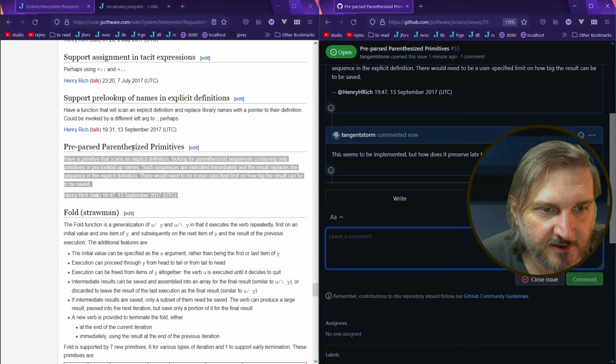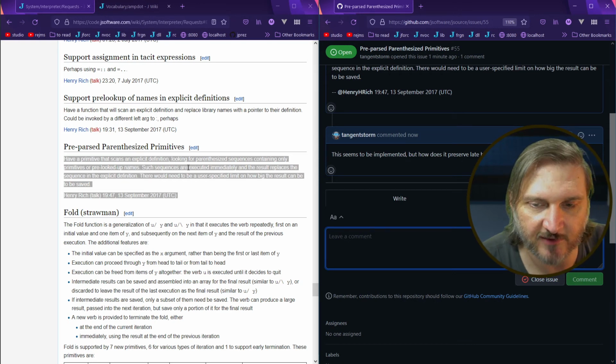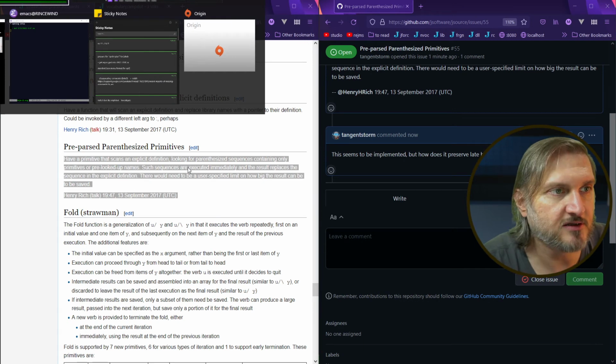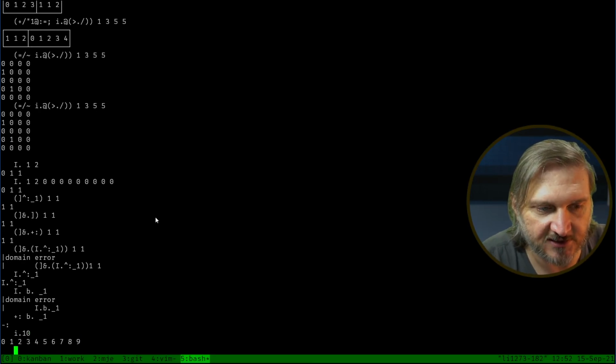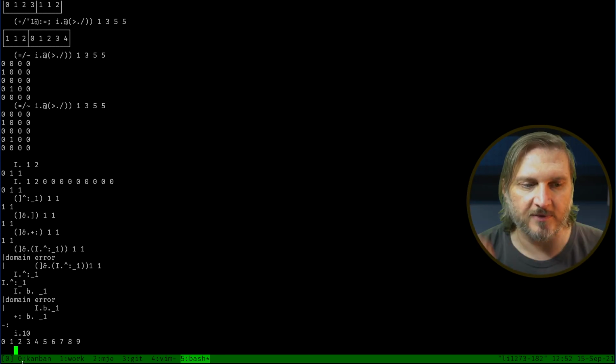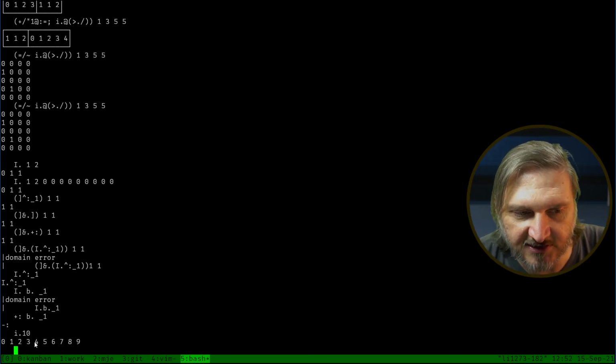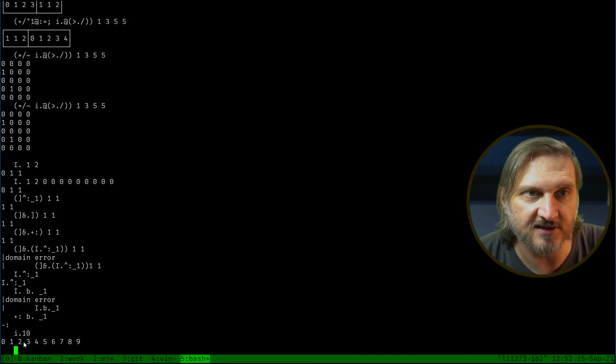For primitives, it makes perfect sense. If you have I. 10 somewhere in your explicit definition, there's no need to evaluate that at runtime because I. is never going to change, 10 is never going to change. So it's like a constant evaluation.